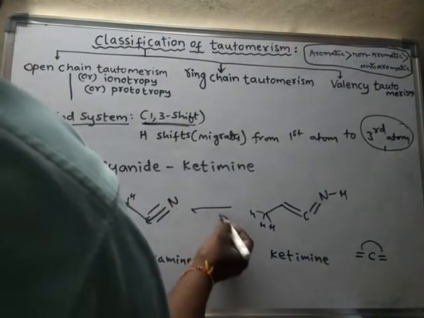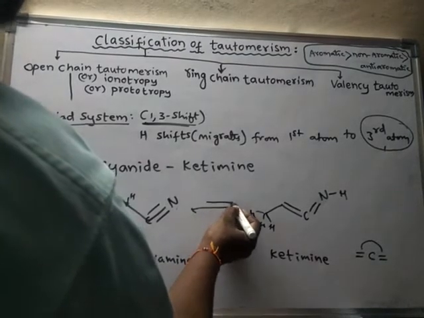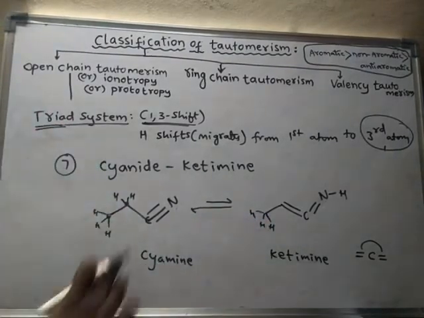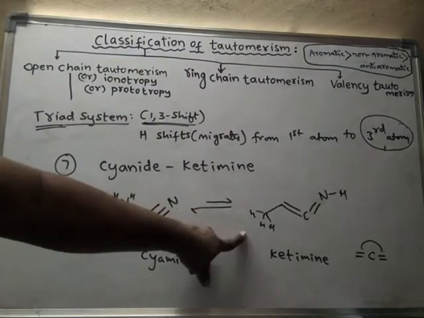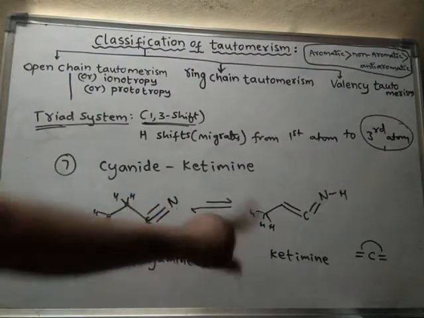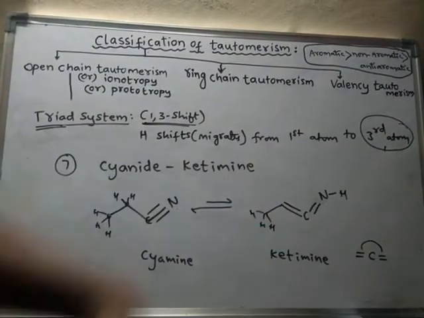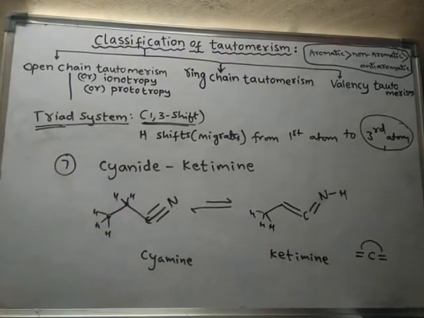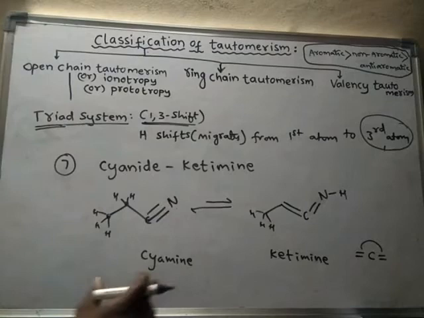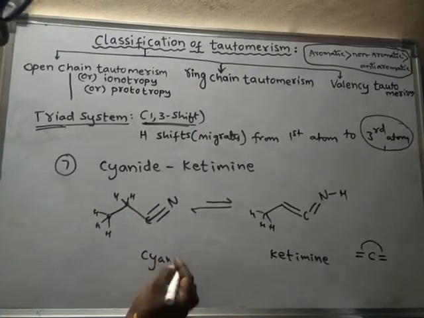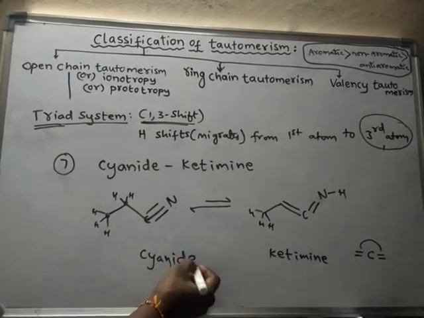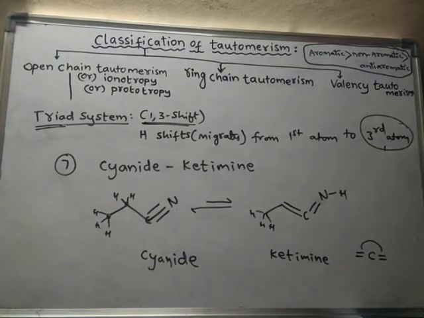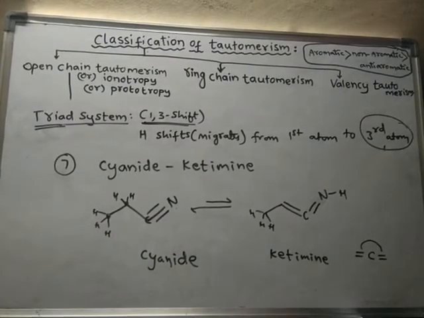So the formation of this compound is very less. But this one will convert into this one, and this one will convert into this one, simultaneously and continuously. But the formation of this one is more when compared to this one. So cyanide is more stable than ketimine.